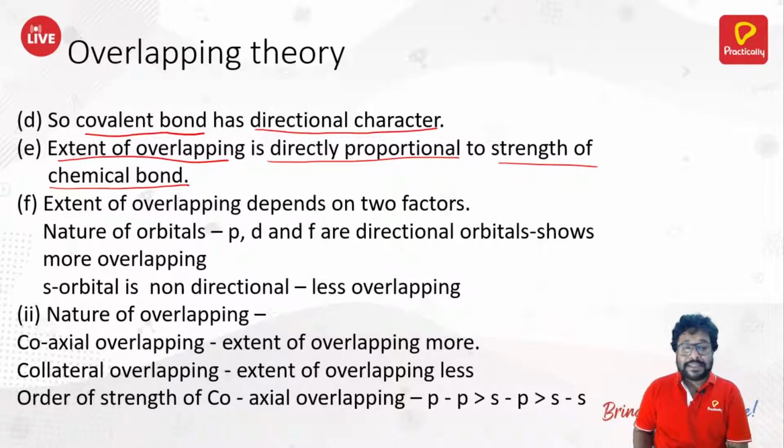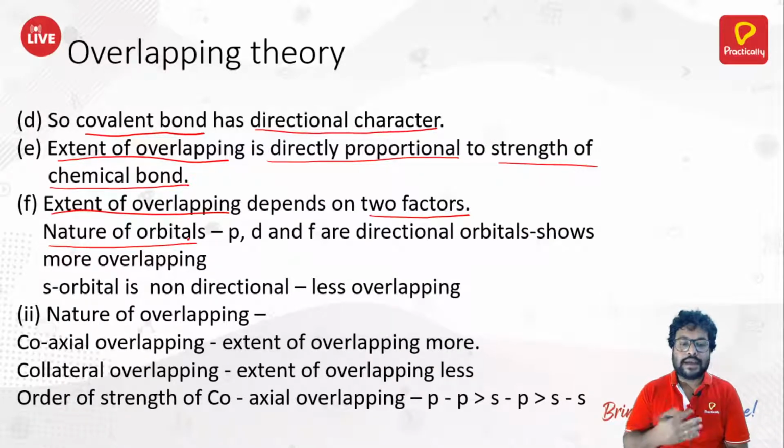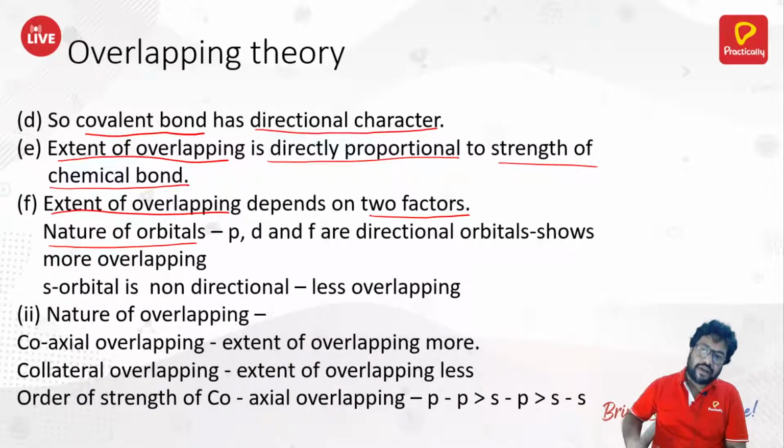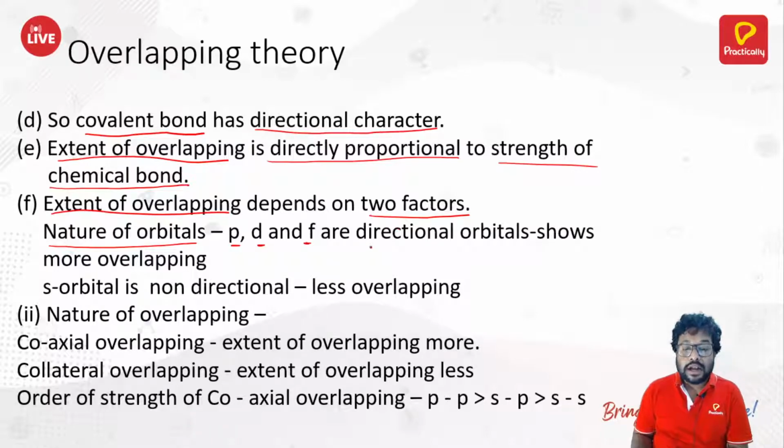Now, extent of overlapping depends on two factors. First is the nature of orbital, that means which orbitals are overlapping together. For example, p, d, f: these three are directional orbitals. They show more overlapping.